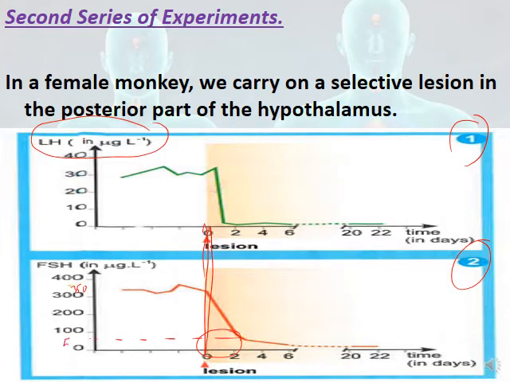As time proceeds, the levels become approximately 0 for both LH and FSH. So here we can deduce that the control exerted on the anterior pituitary gland by the hypothalamus is indispensable for the release of LH and FSH.